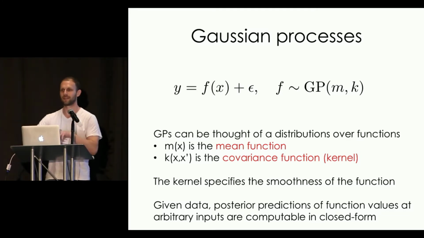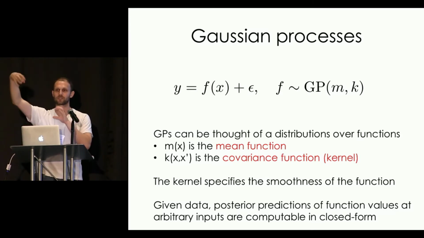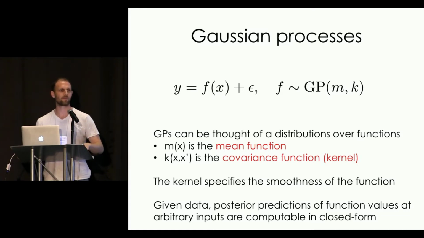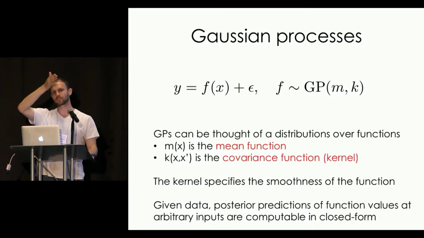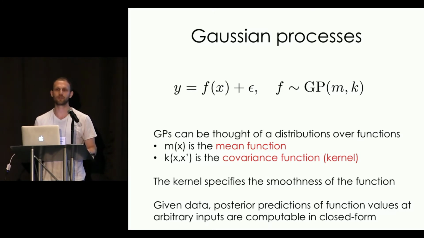In the same way that for a multivariate Gaussian distribution, the covariance structure is going to determine how correlated different dimensions are, here the covariance function is going to determine how correlated the function values are across different points in the input space, okay?